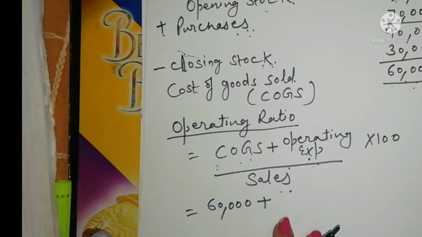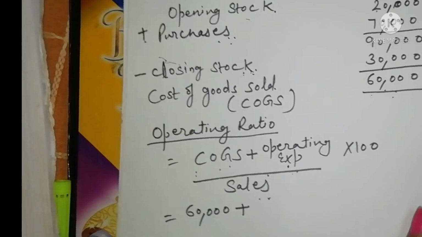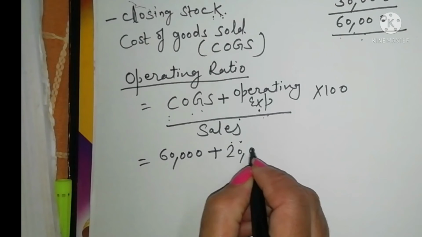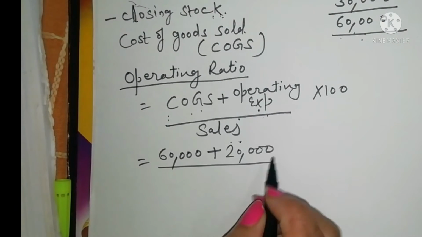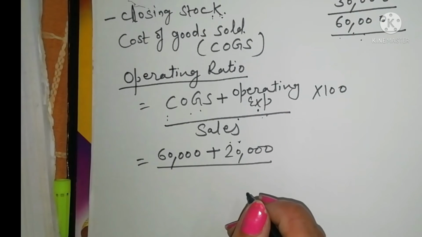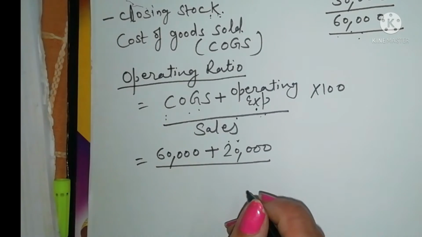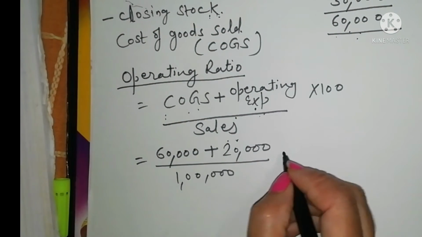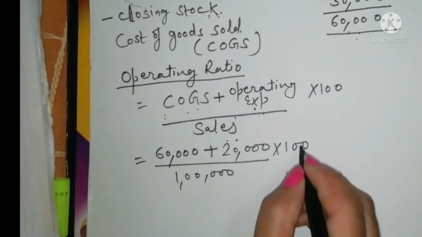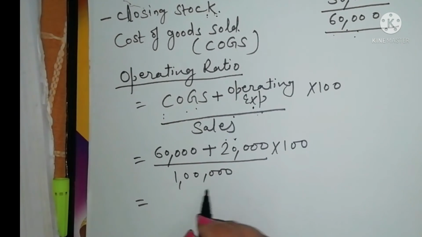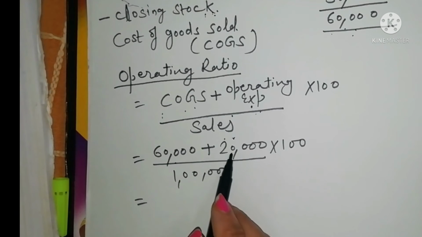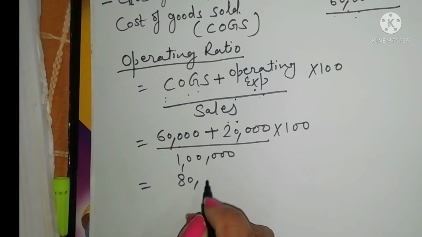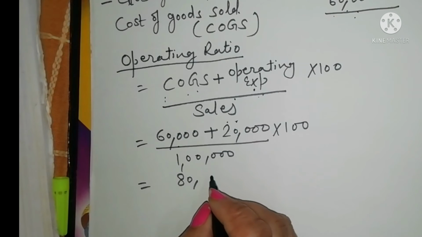So we will add this value to the COGS. The operating expenses value is rupees 20,000, divided by sales value. Sales value is also given in the question, that is rupees 1 lakh. Multiply by 100 and solve it, and the operating ratio is 80%.